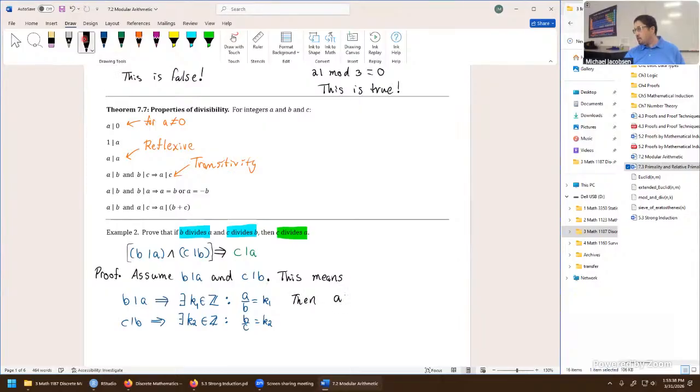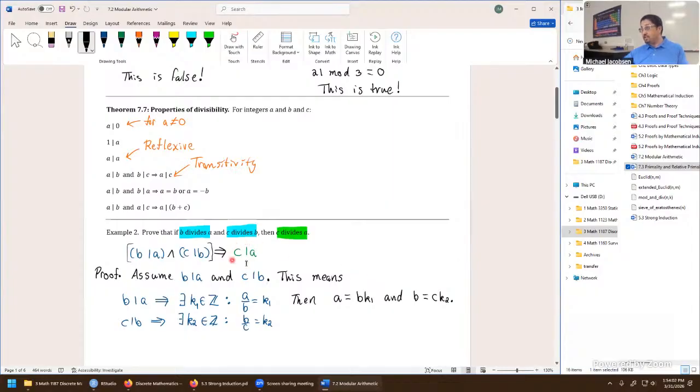So now we have two fractions, but on both of these, we can rewrite them. Then A is going to be equal to B times K1, and C is going to be equal to, or rather, let me try again. That's some bad algebra there. Multiplying this one by C, B is going to be equal to C times K2. So from these two fraction equations, we can rewrite them in this format right here.